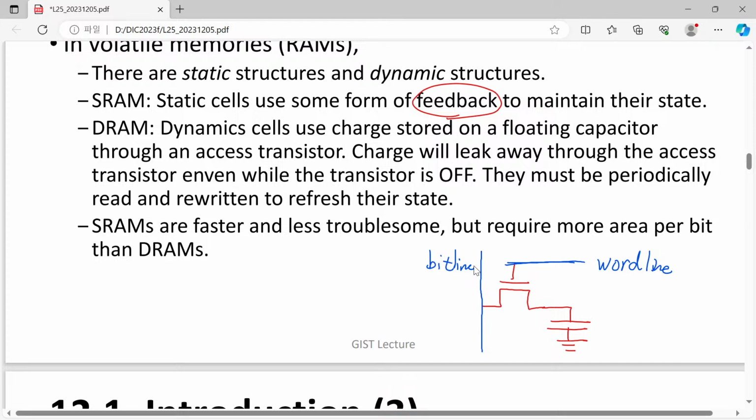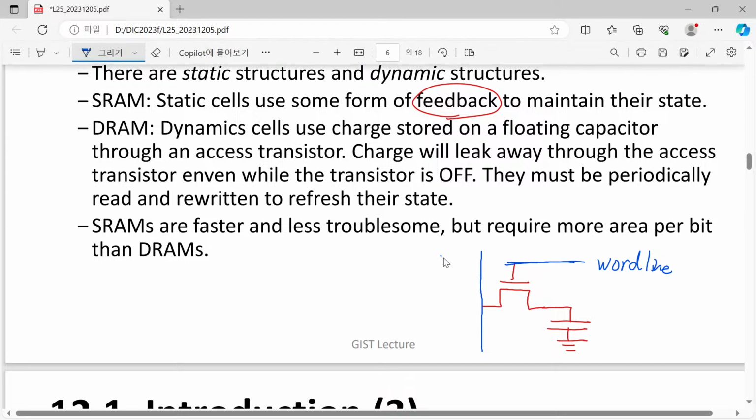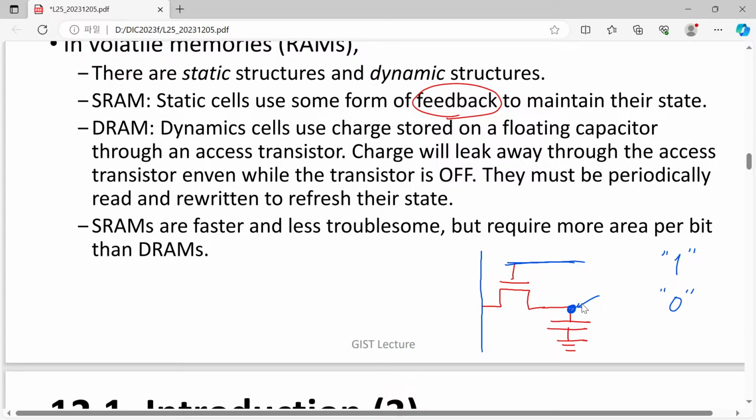Say that now we wanted to write something. Writing something means putting a 1 or 0 in this capacitor node. Simply speaking, if you want to write a logical 1, you just charge your capacitor. That is write 1.